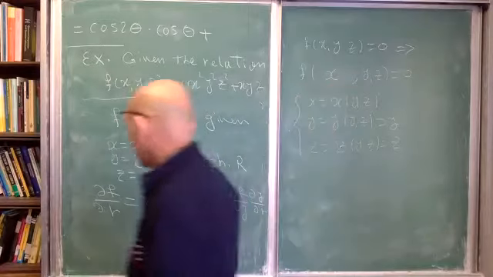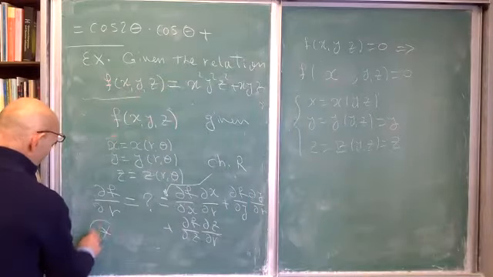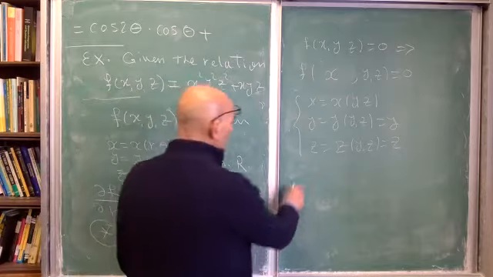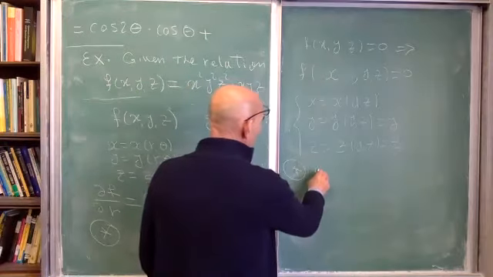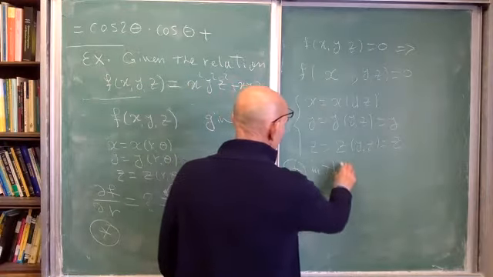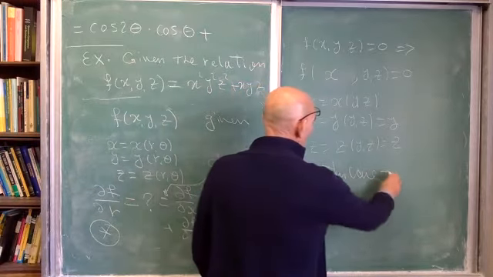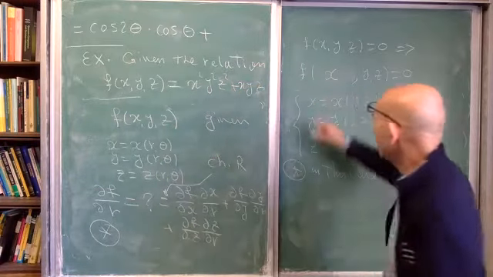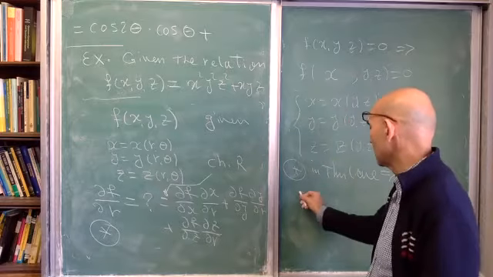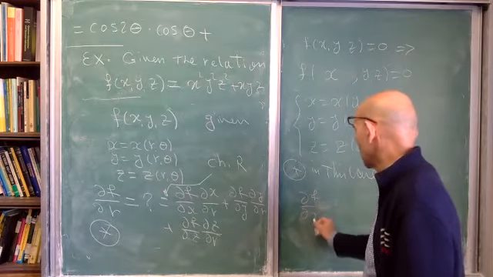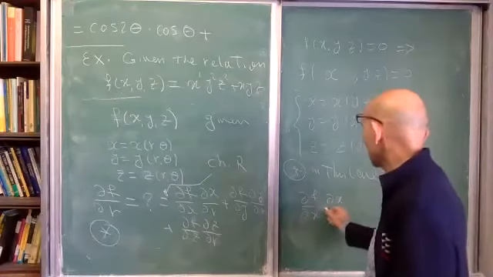Okay, so let me call it a star. So a star, in this case, implies, well, what we have to do? We have to take df/dx times dx/dy.